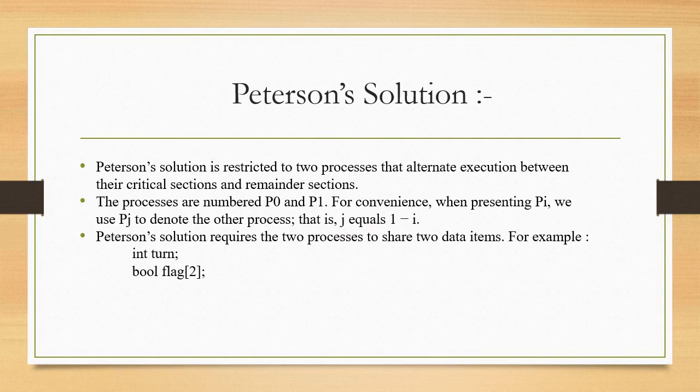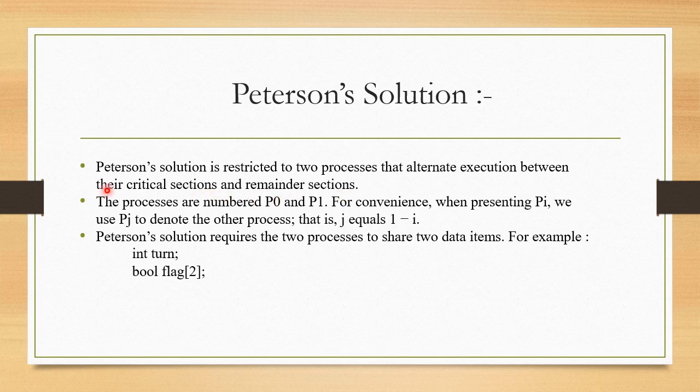Now, after we have gone through the conditions, let's come to the Peterson solution. The Peterson solution is restricted to two processes that alternate execution between their critical sections and remainder sections. For example, there are two processes, P0 and P1. Let's take them as Pi and Pj for simplicity. If Pi is executing its critical section, then Pj will have to execute its remainder section.